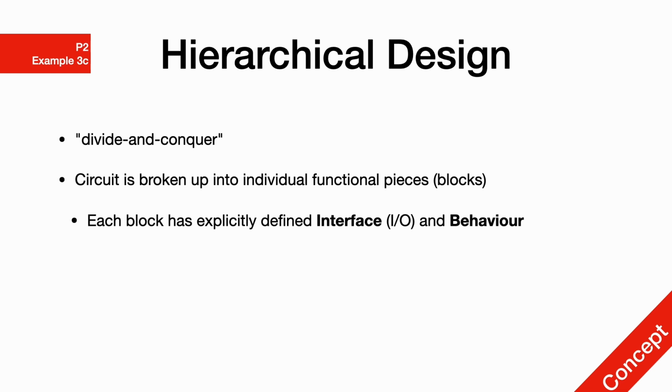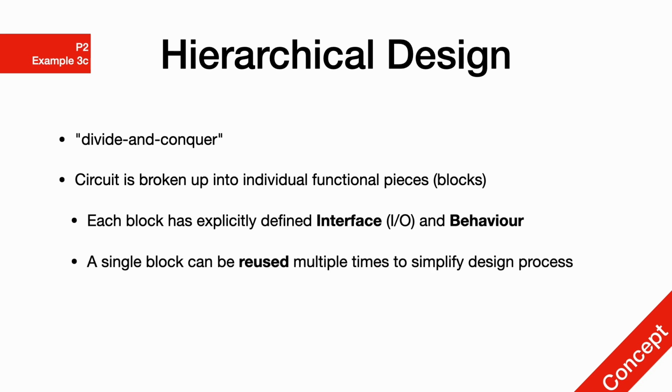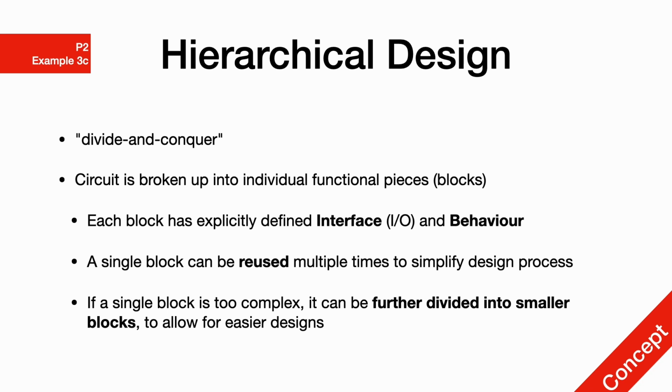The basic idea is once you design each of these individual functional blocks, the blocks can be reused multiple times to make your final design process a lot simpler. If a single block itself is too complex, of course you can further divide it into smaller blocks so that you can design them slightly more easily, I guess.